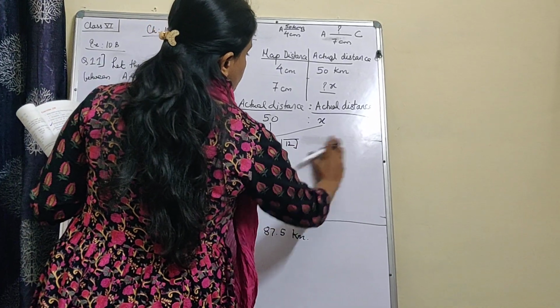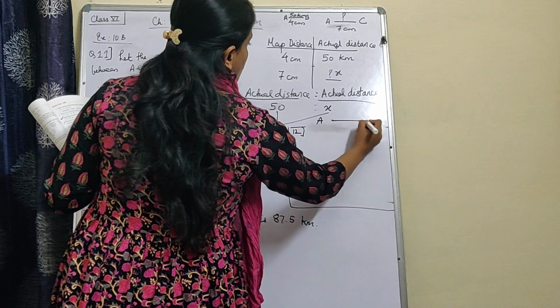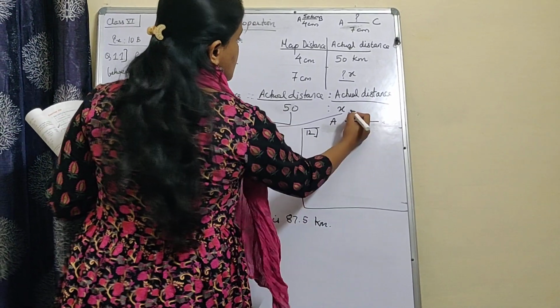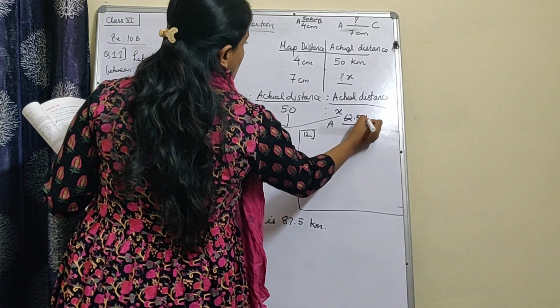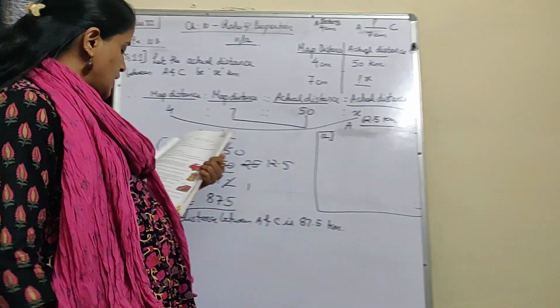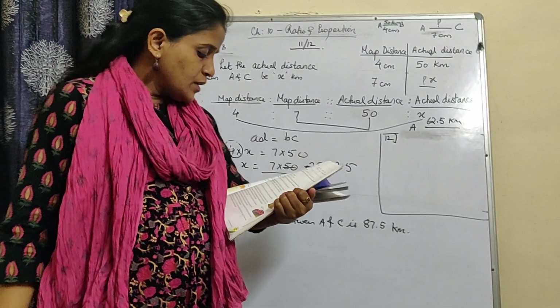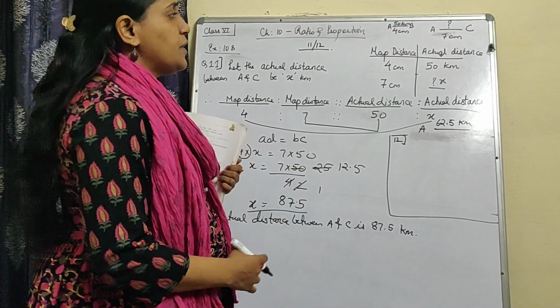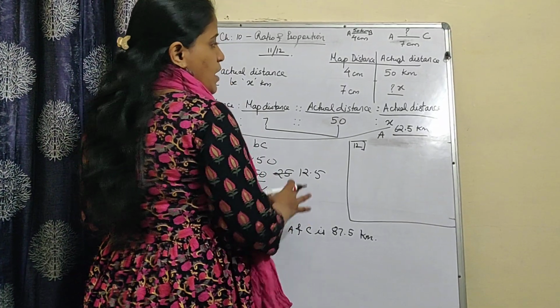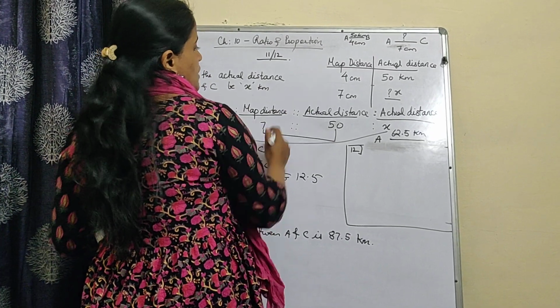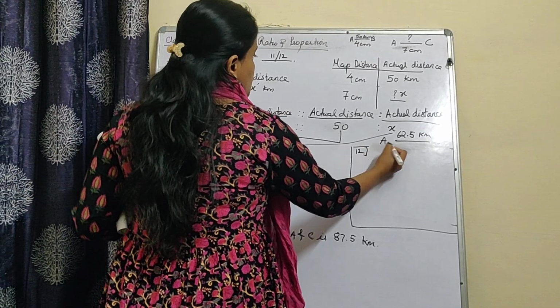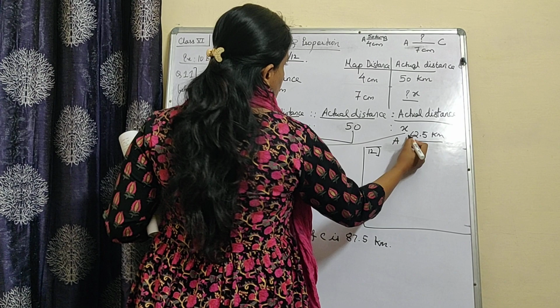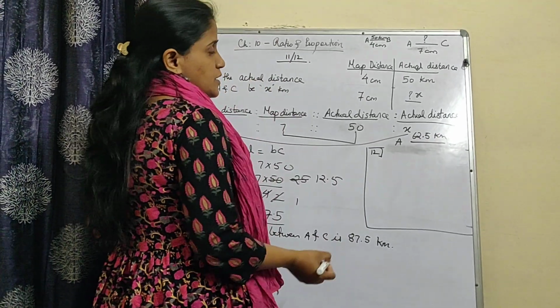The distance between two places, A and D, is 62.5 kilometers, and it is represented on the map considered in question number 11. So they are taking the same map which is there in question number 11, and the distance between the other two places, A and D, is 62.5 kilometers.